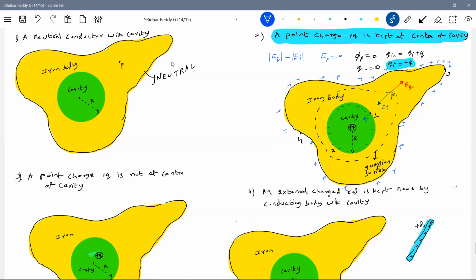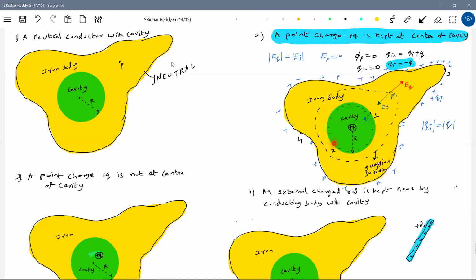How much net outside? Plus Qi. So what is Qi? Qi magnitude should be equal to Q. So if you keep a point charge plus Q, there will be minus Q on the inner surface and plus Q on the outer surface of the conductor.